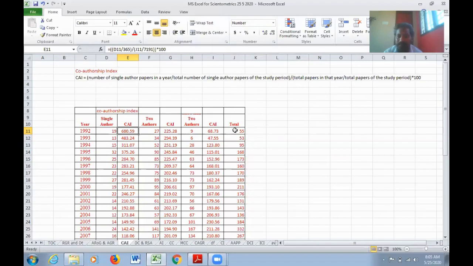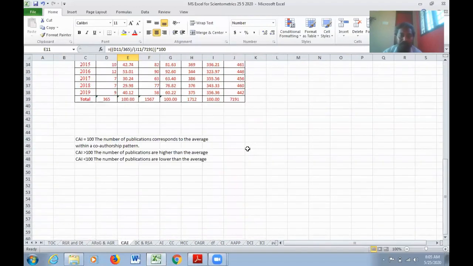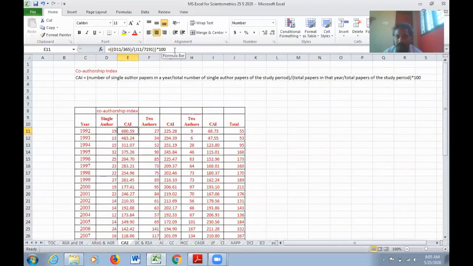That is J11, the total number of papers published in 1992, divided by total papers of the study period. What is the total number of papers published during study period? 7191. Okay, into 100. This tells you what is the co-authorship index for single authored publications in 1992. Fine. How much? It is 680.